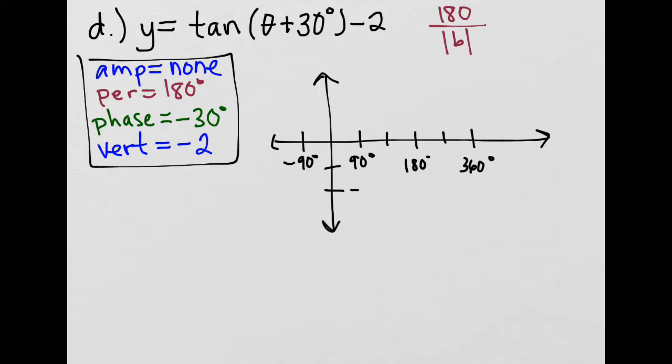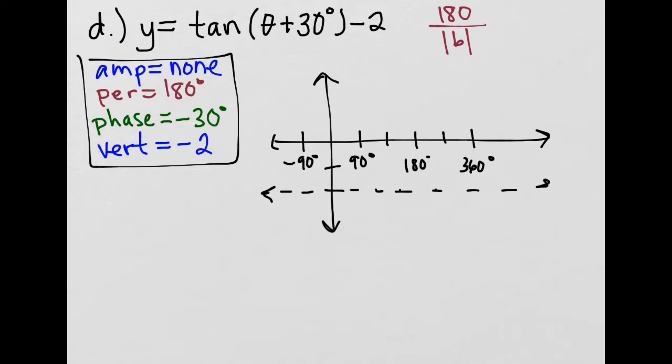So I'm going to draw that, and then our midline. Okay, so let's go ahead and draw, let's see, our graph. So we're going to be going backward 30 degrees.